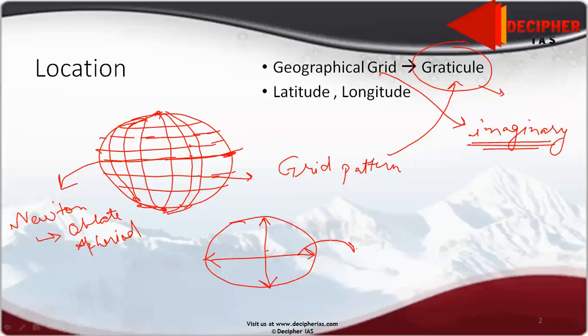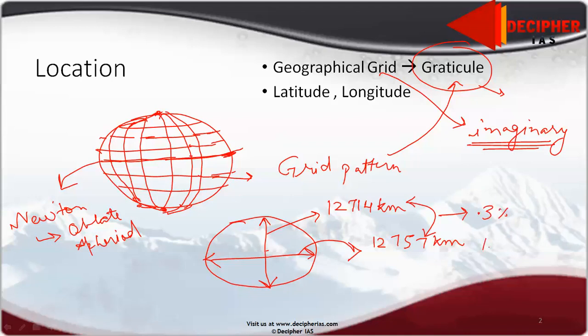If you find out the diameter at the equator, it is 12757 kilometer, and at the poles it is 12714 kilometer. So this difference is of 0.3%.